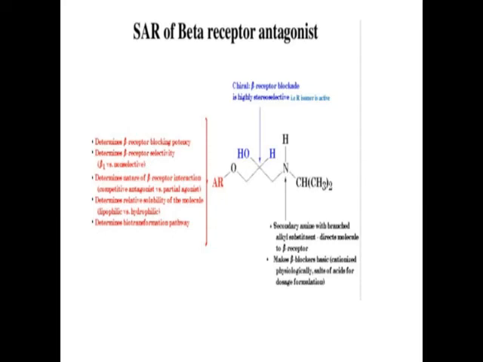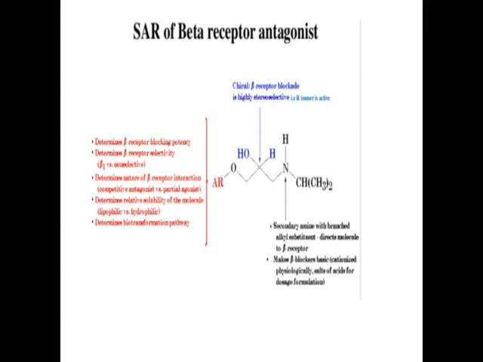Okay. Now in brief we have to see the SAR of beta antagonists. Regarding the aryl group, the aryl group is required to determine the beta receptor blocking potency, that is, whether it is beta 1 selective or beta 2 selective. If it has two halogen atoms, then it produces a partial agonist.